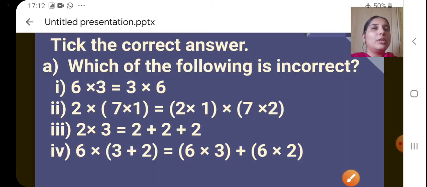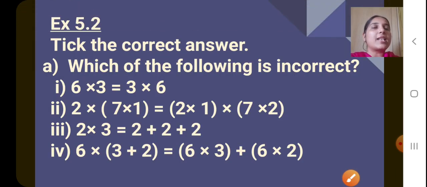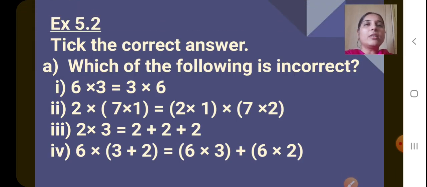Now let's start exercise number 5.2. So tick the correct answer. Okay. So question number 1 is, which of the following is incorrect? So let's see.